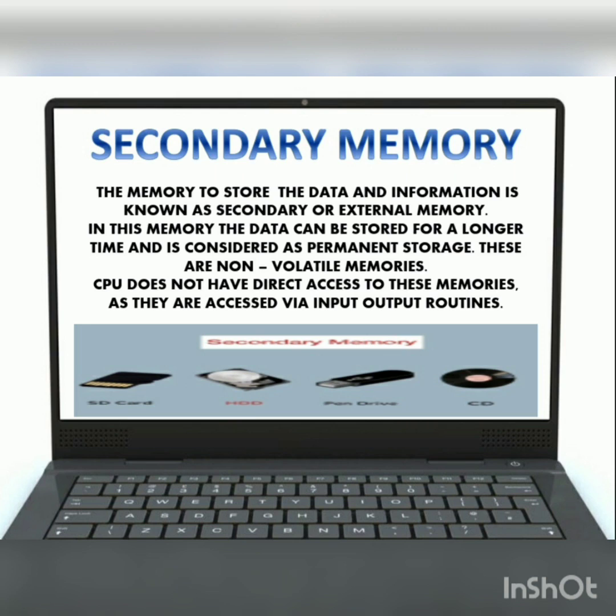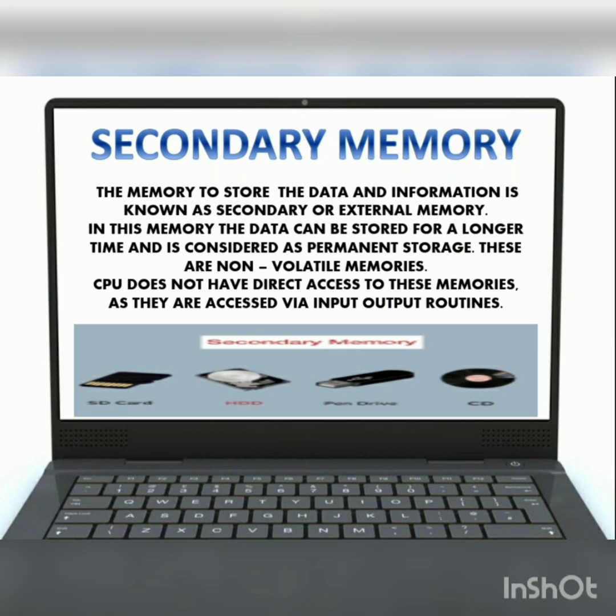Okay, kids, in secondary memory the CPU doesn't have any direct access because they are used as input or output routine. For example, you have seen many pen drives. Pen drives are an example of secondary memory.